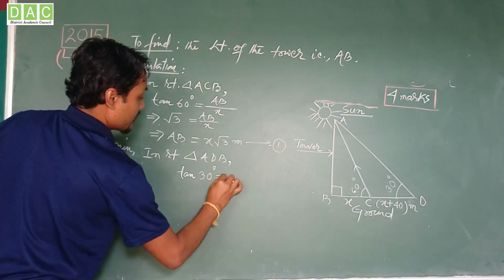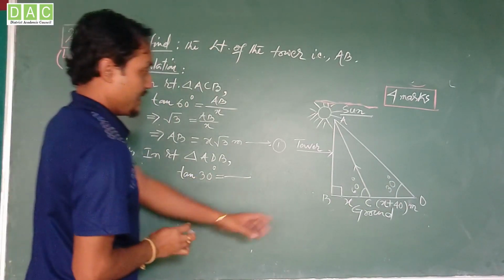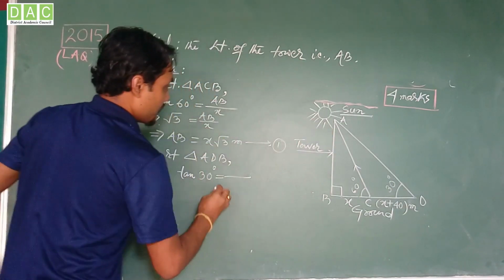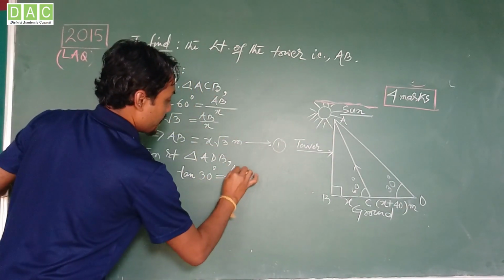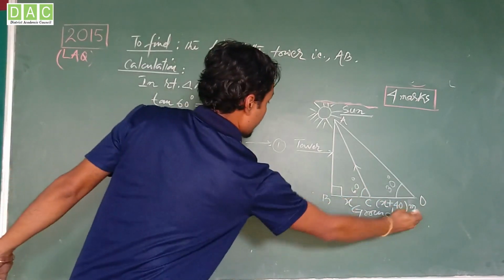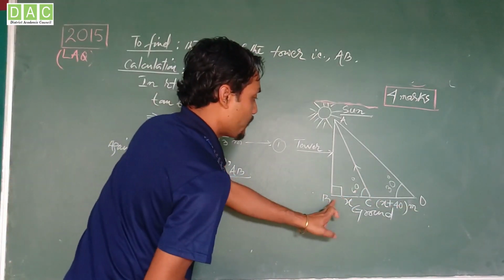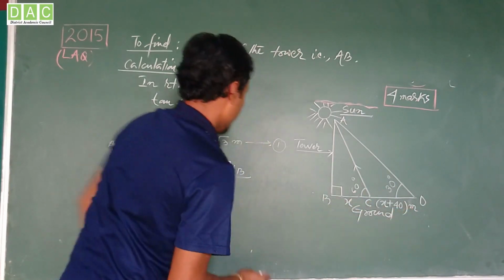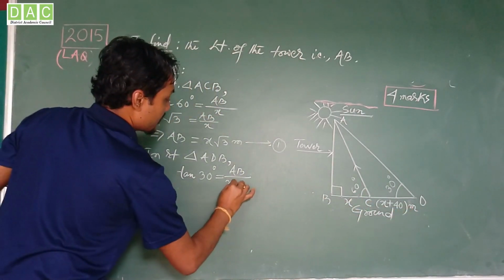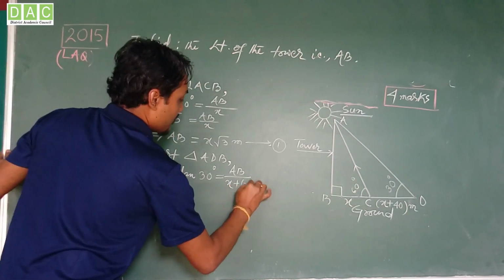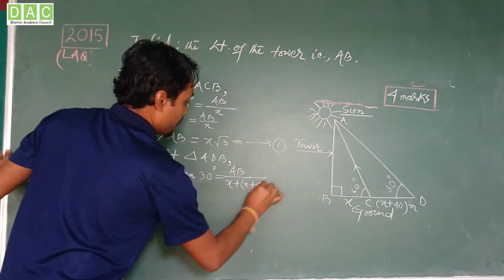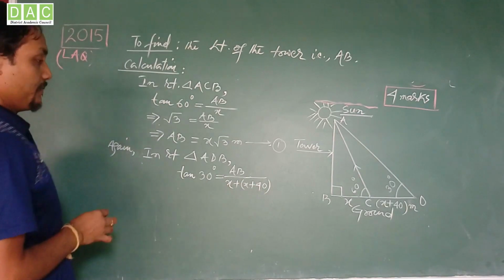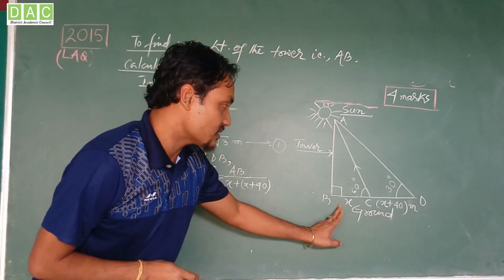Tan 30 degree is equal to perpendicular by base, that is the height of the tower AB, divided by base. Here what is the base? From this point to that, that means x plus 40. But if we write like this, I think this will be wrong, because already this x is taken here.